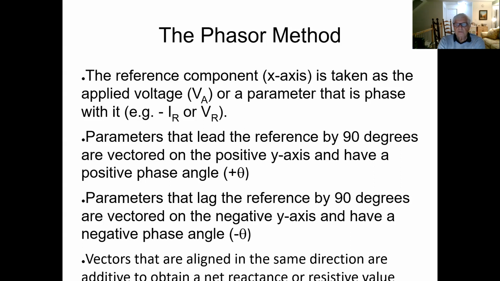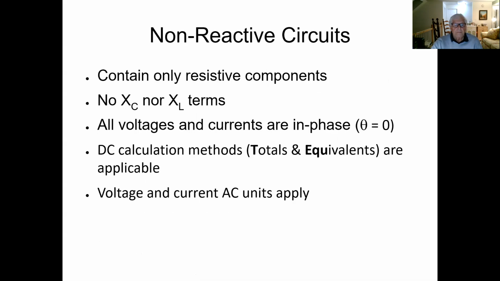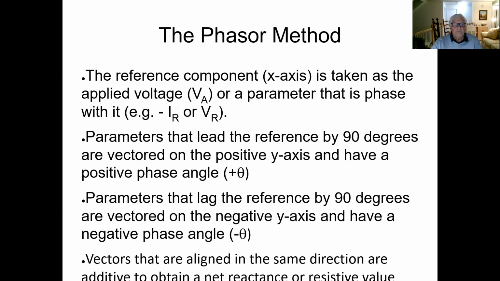Parameters that lead the reference by 90 degrees are on the positive y-axis and have a positive angle theta, whereas those that are lagging by 90 degrees are on the negative y-axis and have a negative angle theta. Vectors aligned in the same direction are added to obtain a net reactance. So if vectors go in the same direction, of course they add.